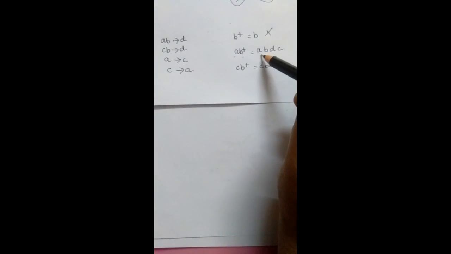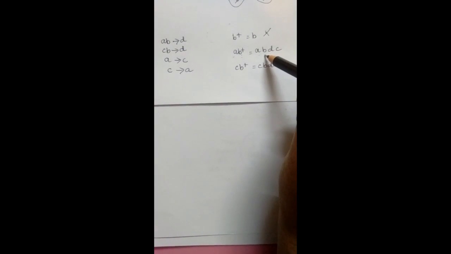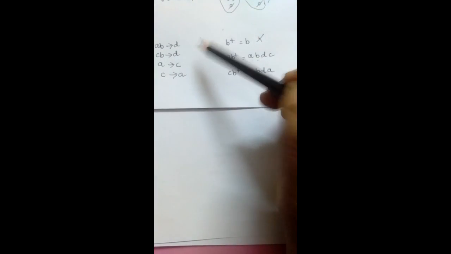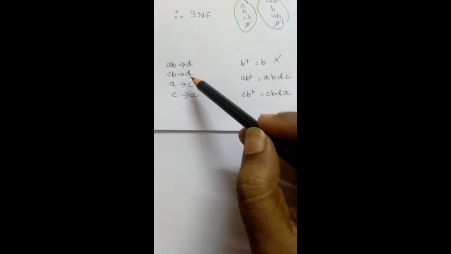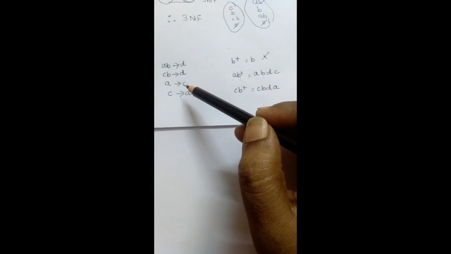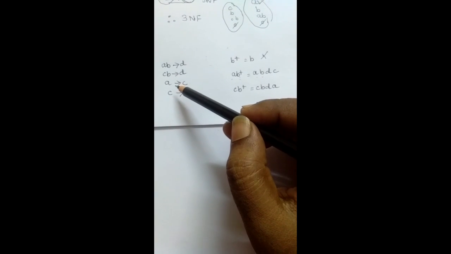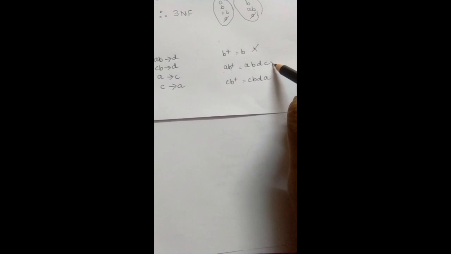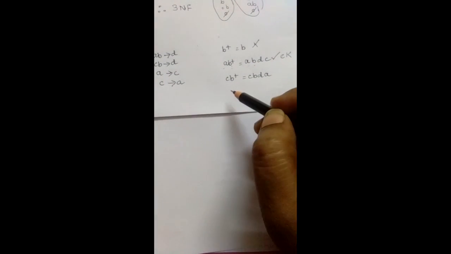The A variable and B variable exist. With the help of A and B, we can obtain the D variable, and with the help of A we can obtain the C variable. All four variables are obtained from AB closure. Therefore, AB is considered a candidate key.